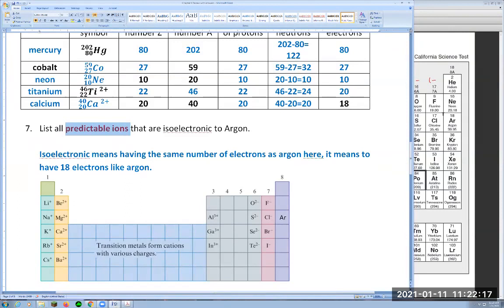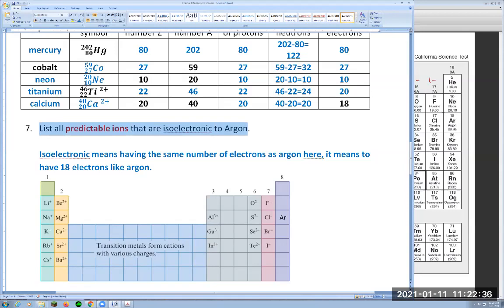So let's go back to our question, and it's asking to list all predictable ions that are isoelectronic to argon. I've positioned argon here. Argon is a noble gas in group 8A, and it's just to the right of chlorine.